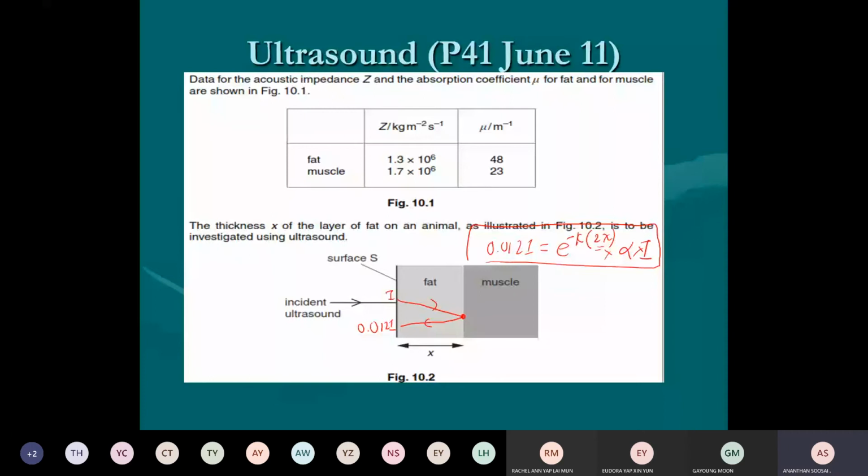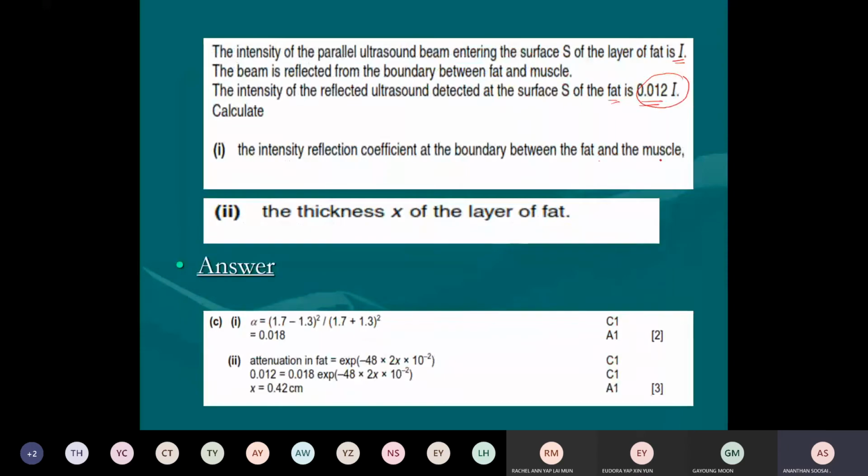Now the intensity reflection coefficient is at the boundary between the fat and muscle. They're asking for the alpha. So Z2 minus Z1, Z2 is for the muscle, Z1 is for the fat. This is very direct, just key into the formula. So 0.018. What do you understand by this?